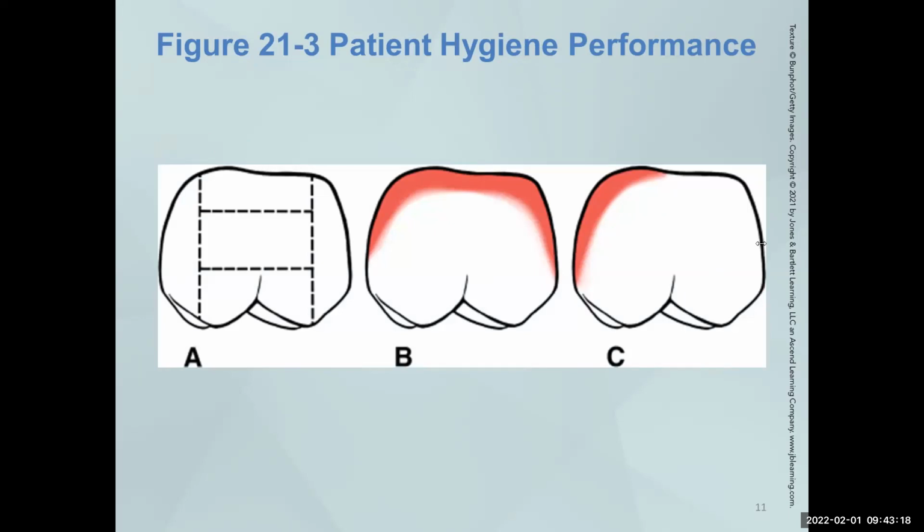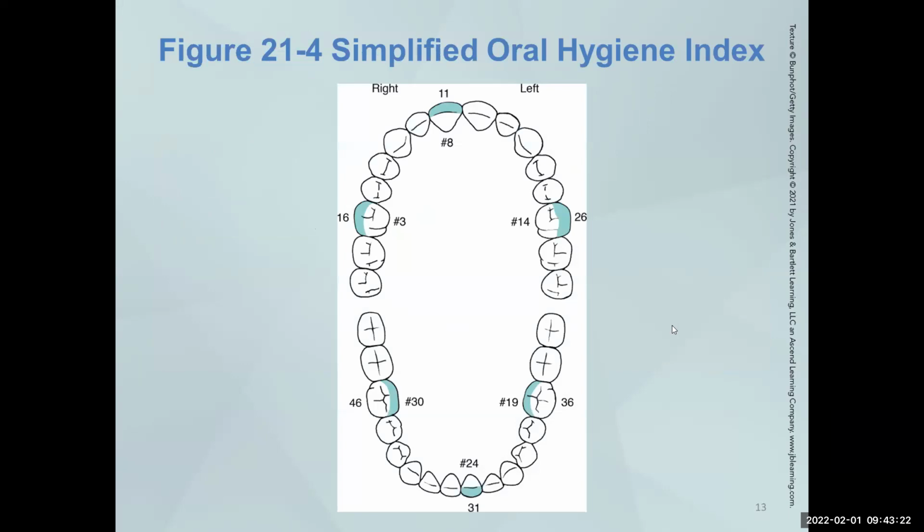Thank you. So simplified, all right? Number 3, number 8, number 14 on the facial, then 19, 24, and 30 are on the lingual. That's all you look at. Doesn't matter what all the other teeth look like.